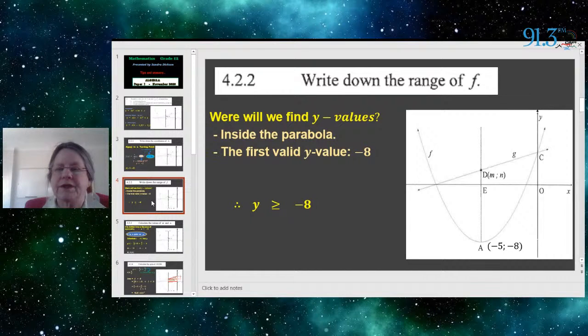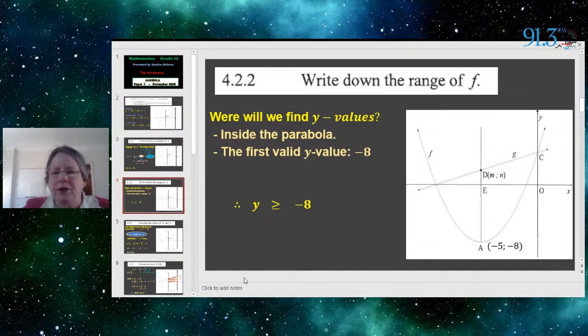So in other words, where will your function produce x values? And range with a y. So you need to understand the question. It wants to know where will we find y values in our function f. Now, in plain English, you will find them inside the parabola.